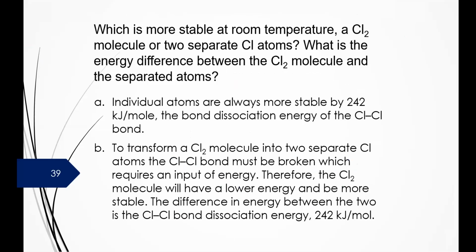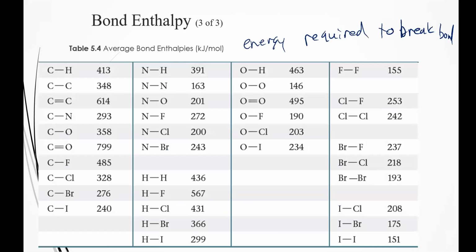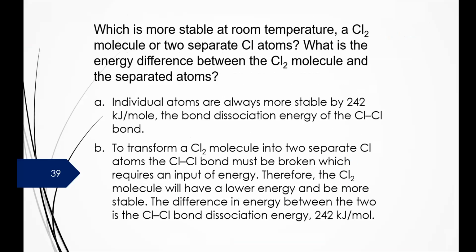And so if we were to think about that, which is more stable at room temperature, a CO2 molecule or two separate Cls? And what's that energy difference between them? Well, if we go back and we look at our bond, when we bond a Cl with a Cl, there's 242 kilojoules of energy holding that together.